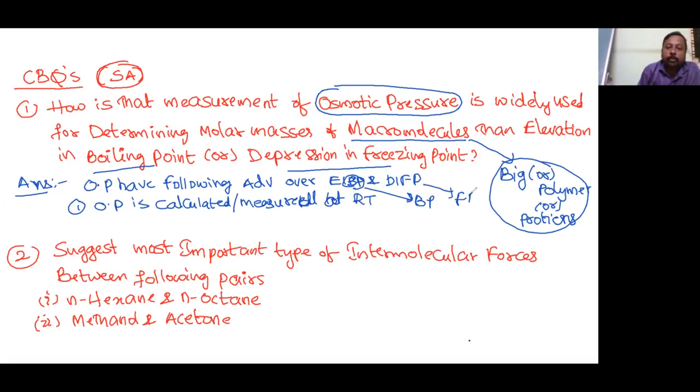For osmotic pressure you need not do anything. At room temperature only you just calculate the osmotic pressure. But if you want the depression in freezing point, you have to cool up to the freezing point, and you have to heat up to the boiling point for elevation of boiling point. That is the first advantage.